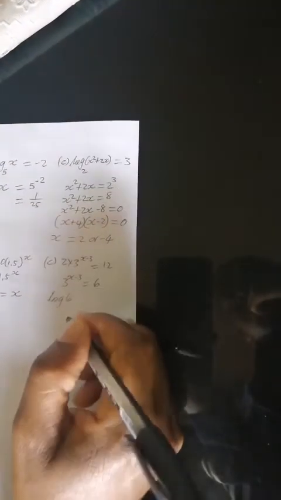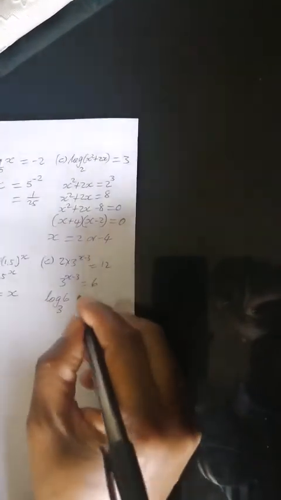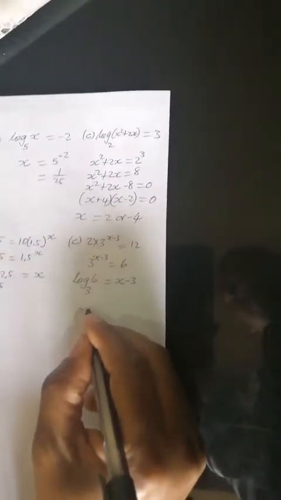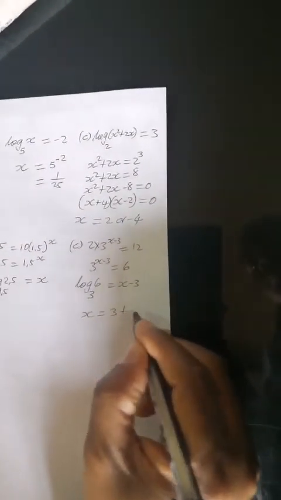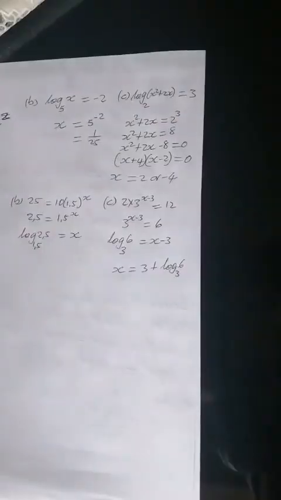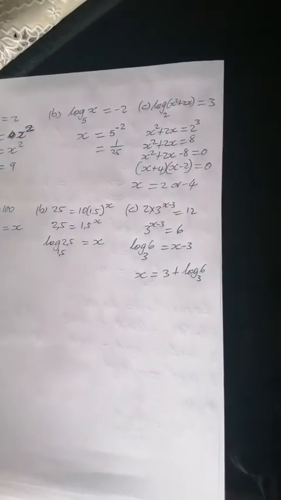At this point you can say your log 6 in what base? Base 3 is equal to x minus 3. So your x therefore will be equal to 3 plus log 6 in base 3. Again, use your calculator to get your answer.